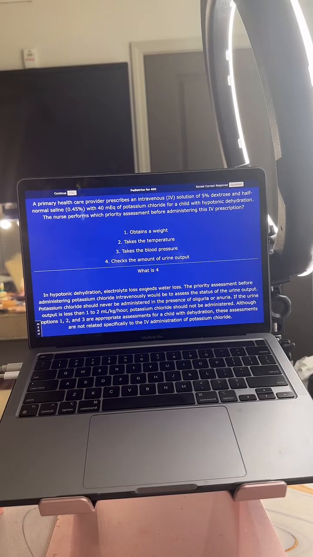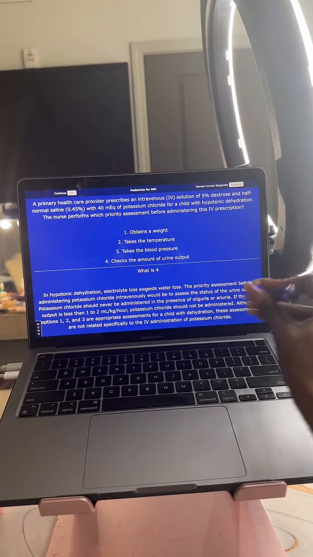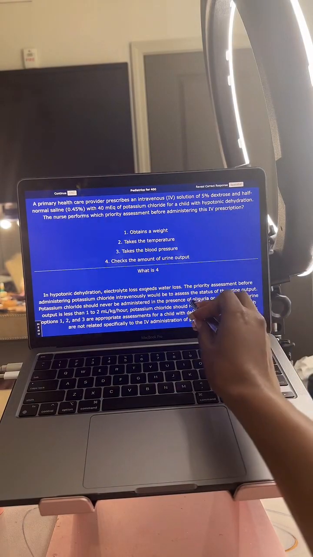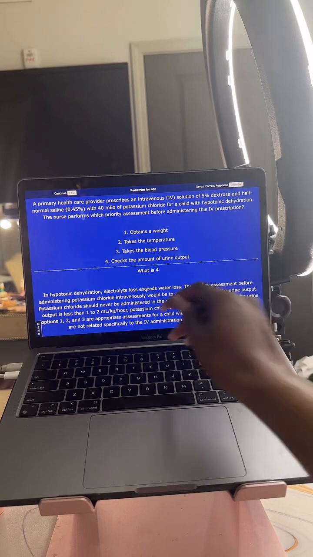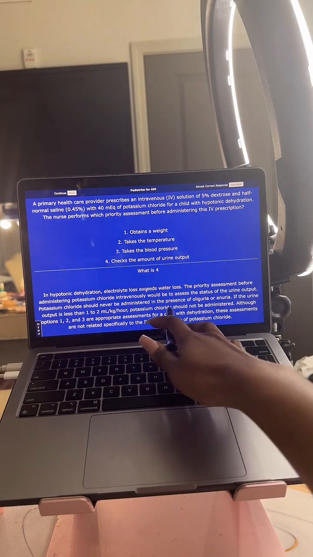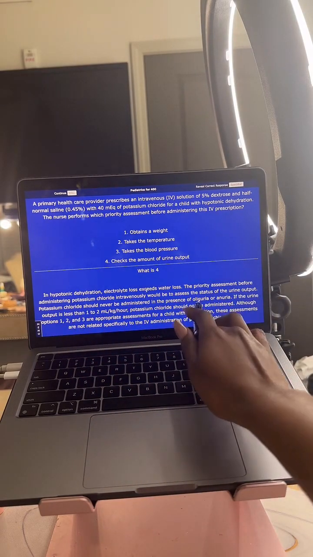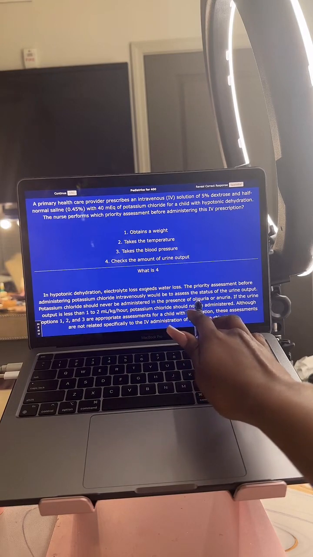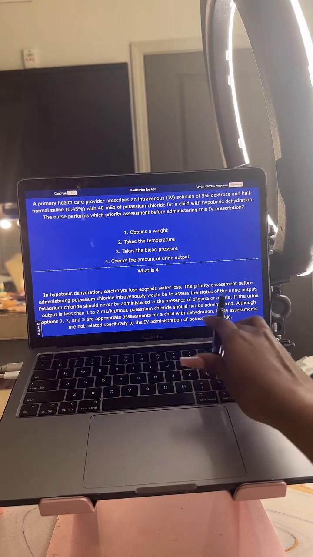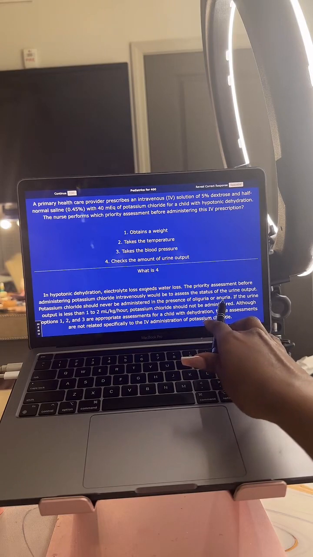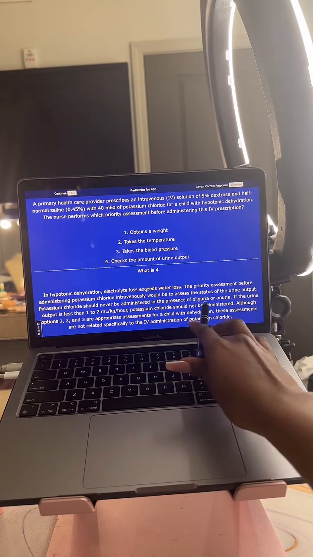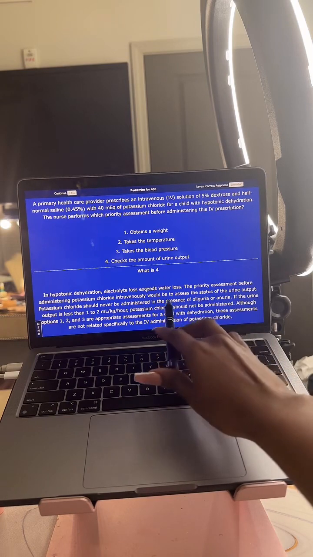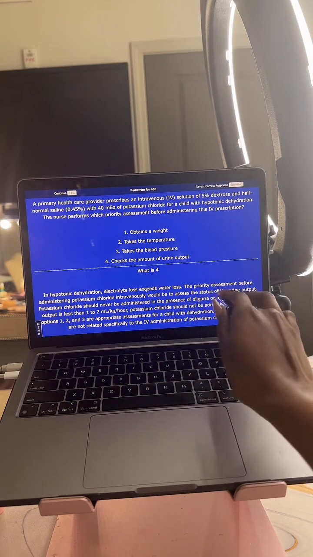Oliguria means scant. Uria means urine, and that prefix means scant, a little bit. So you're not supposed to give potassium chloride whenever you have a decreased amount of urine output or absence of urine output. Uria means urine, and an means absence of. Olig means decreased or scant or a little bit.